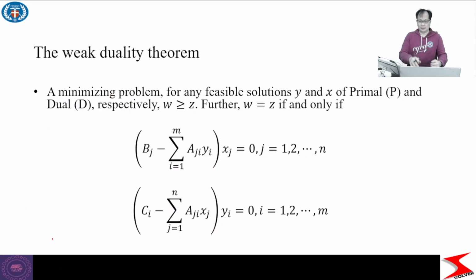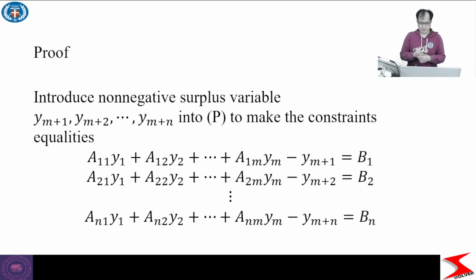So now we try to do the proof. First, because it's a minimization problem, in the standard form we will introduce non-negative surplus variables y(m+1), y(m+2), till y(m+m) into the primal. Then the original larger-or-equal sign becomes an equal sign, right?